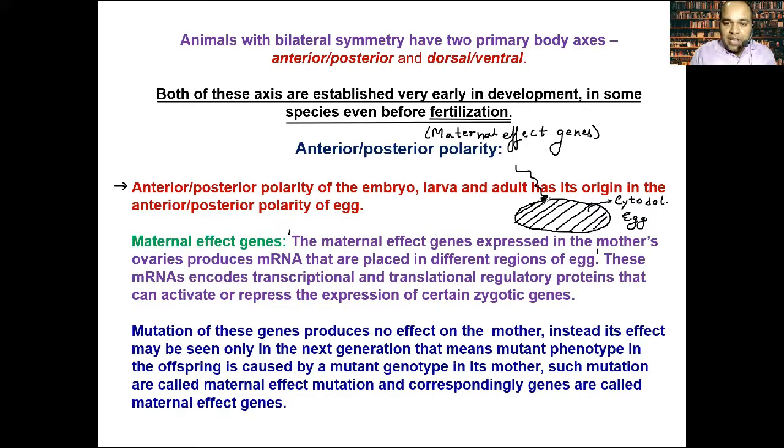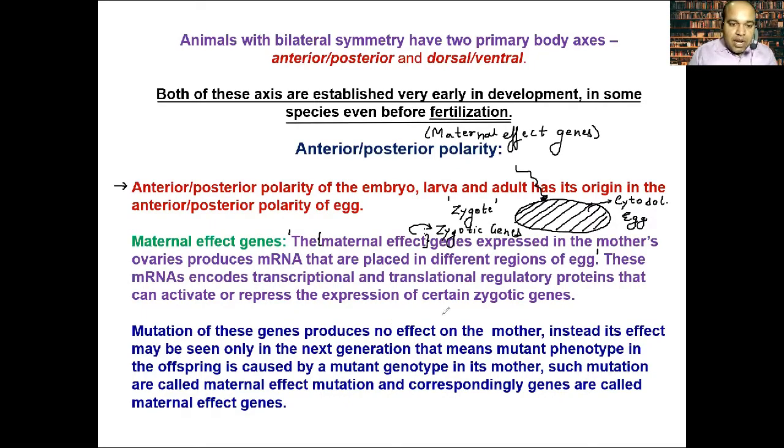Once a zygote is produced, then the zygotic genes are going to be expressed, and their expression will depend upon certain genes. Which are those genes that will be regulating these zygotic genes? Those genes are maternal effect genes. Maternal effect genes will influence and regulate these zygotic genes.